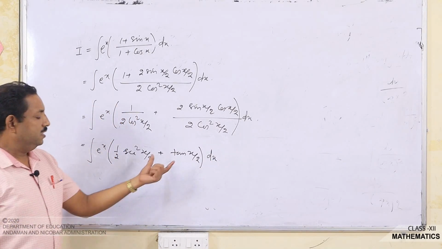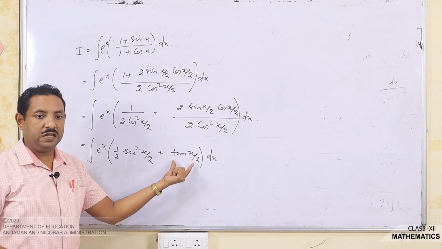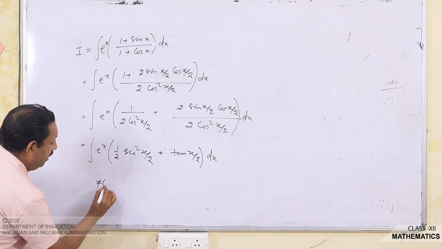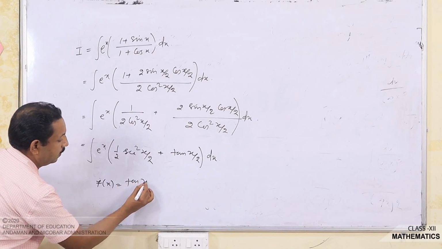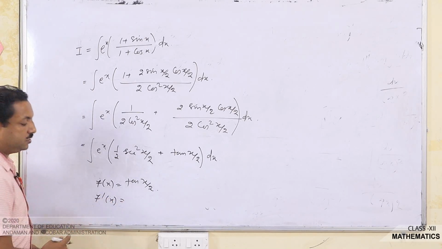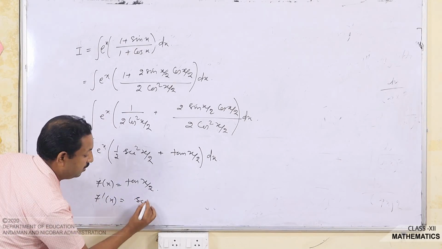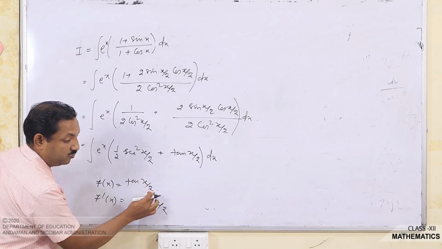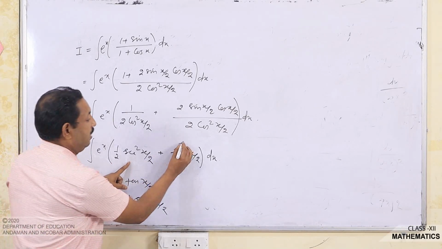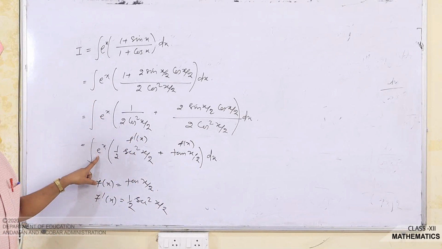Now dear students, see, this term is tan x by 2. If I consider this as f(x), then its derivative f dash x will be what? The derivative of tan x by 2 is sec square x by 2, and for that x by 2 you have 1 by 2 here. So this is f(x), this one is f dash x, and it is multiplied with e power x.